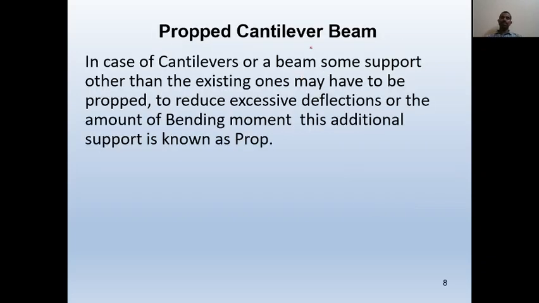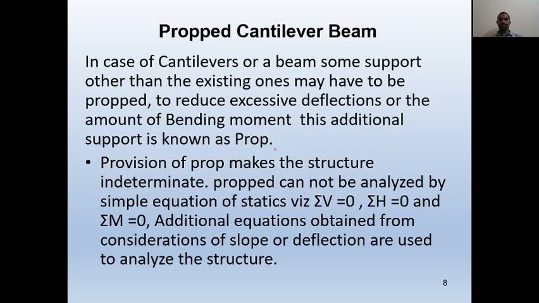Now, what is a propped cantilever beam? By this time you have clearly understood. In case of cantilevers, for a beam, some support other than the existing ones may have to be provided to reduce the excessive deformations or the amount of bending moment. This additional support provided is nothing but a prop.